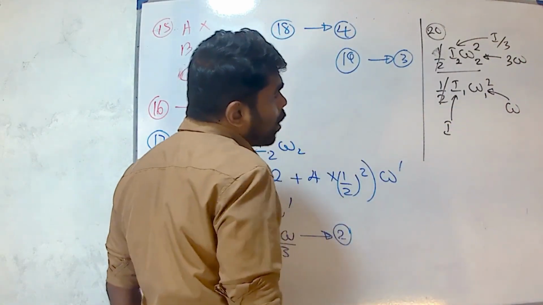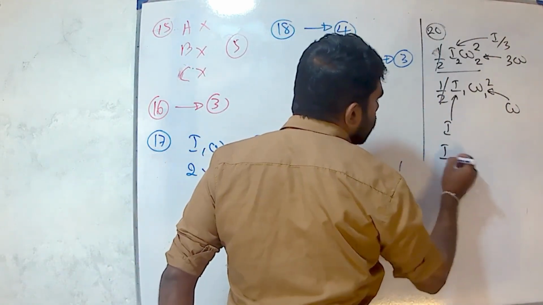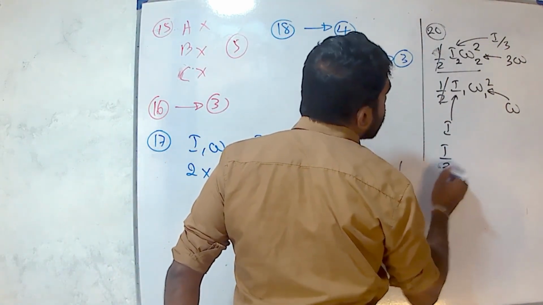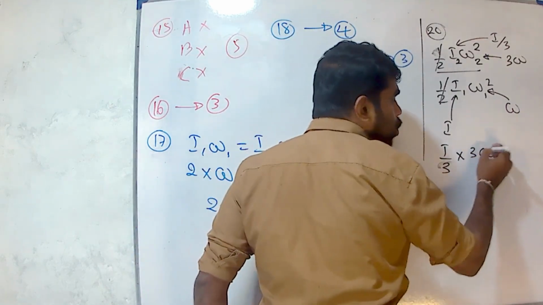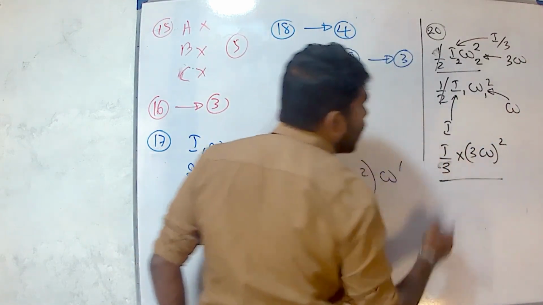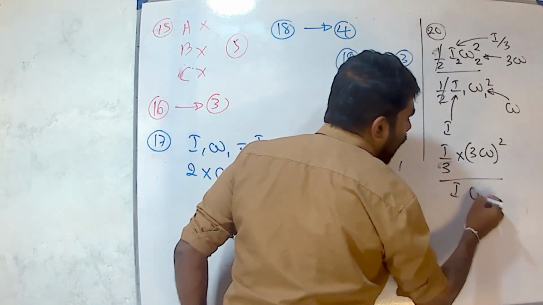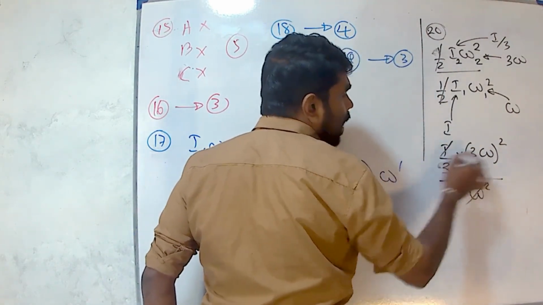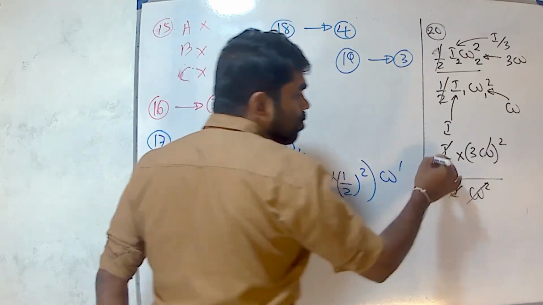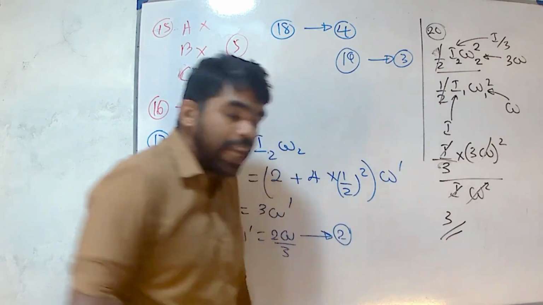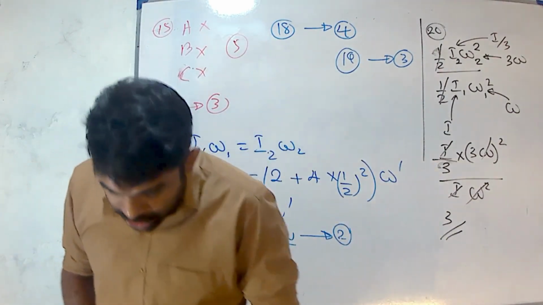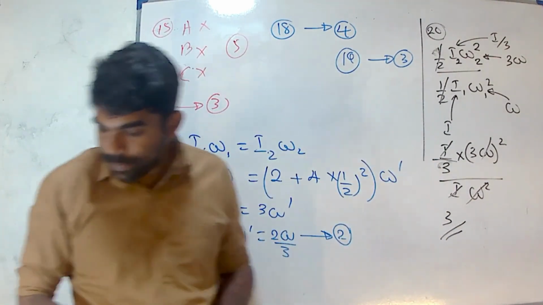Then we can substitute values: I over 3 into 3 omega squared divided by I into omega squared. We can cancel out I and omega. Then 3 squared is 9, 9 divided by 3 is 3. Then our ratio should be 3. Answer is 3 for question number 20.